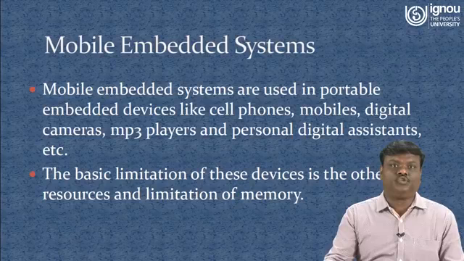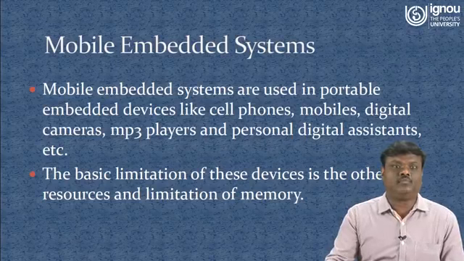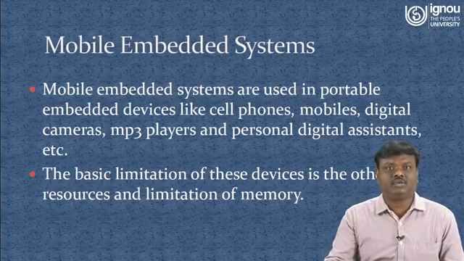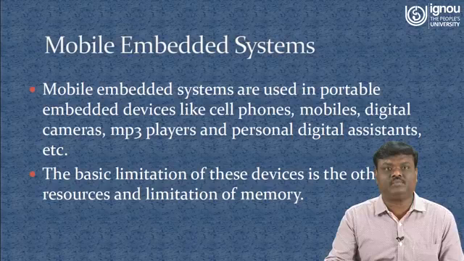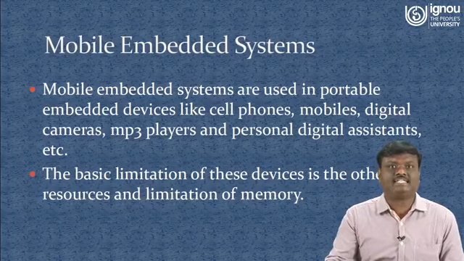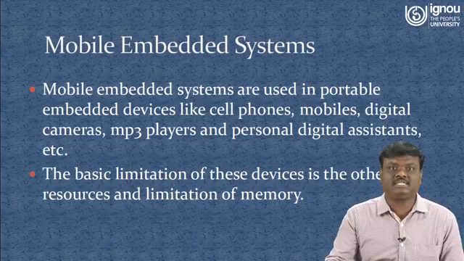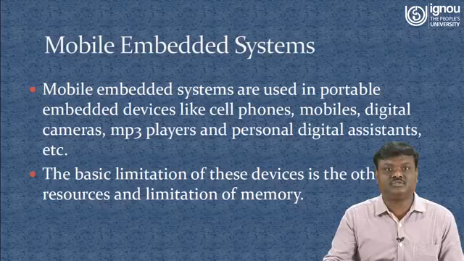Then the fourth category we can talk about is the mobile embedded system. Mobile embedded systems are used in portable embedded devices like cell phones, digital cameras, MP3 players and PDAs. The basic limitation of these devices is limited resources and limited memory.